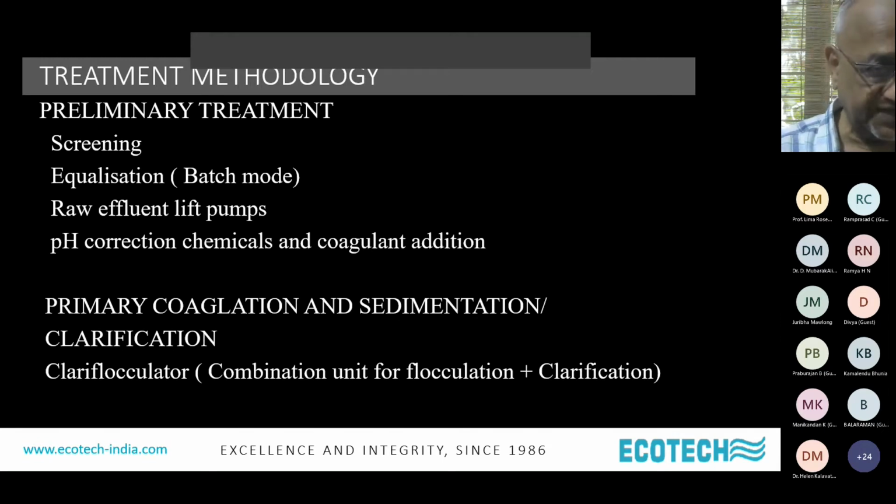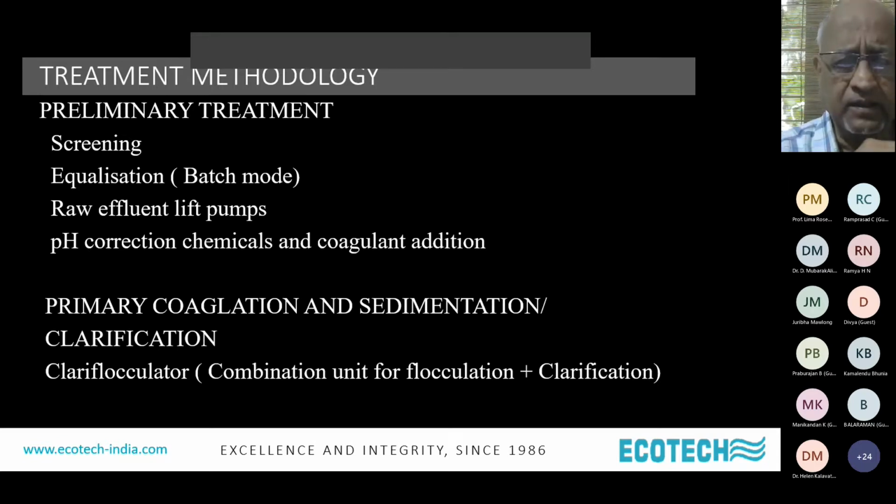When one equalization tank is filling, the other equalization tank is emptying, and therefore at the end of the equalization, you have one batch which has some uniform characteristics, which you can treat with chemical treatment for the removal of color and other things. After doing the necessary lab studies, add the exact quantity of chemicals and other coagulants, exact pH correction. The chemical treatment becomes much simpler, much more optimized when you do equalization in the batch mode for a textile industry.